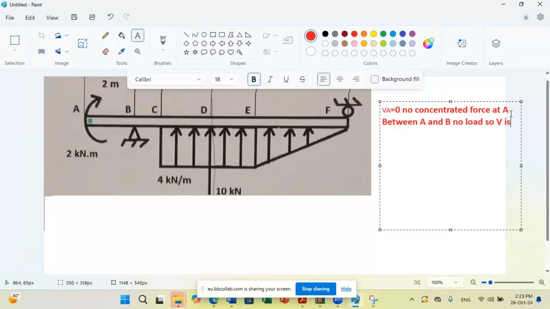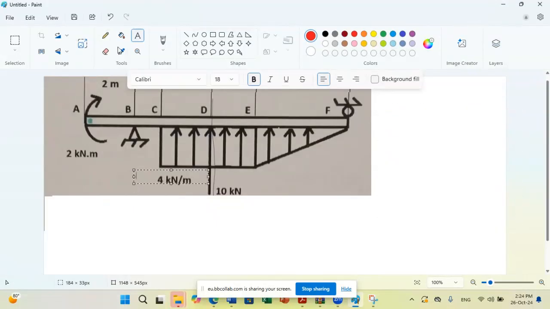To 0. So V is constant between these 2 points, equal to 0. Now, what will happen at B? Suddenly, what do we have at B? A downward jump. Downward jump, very good.